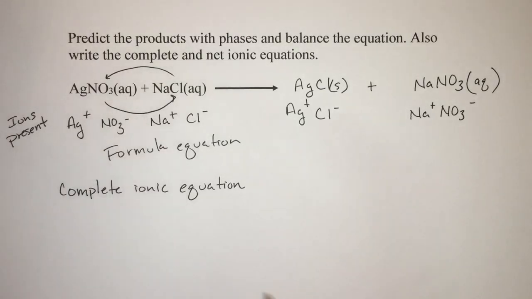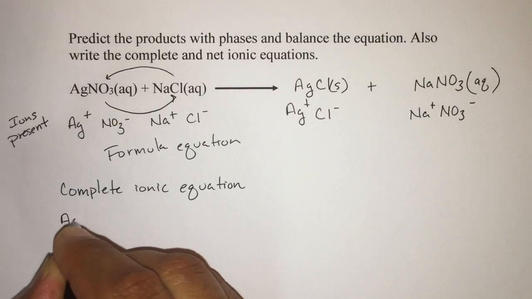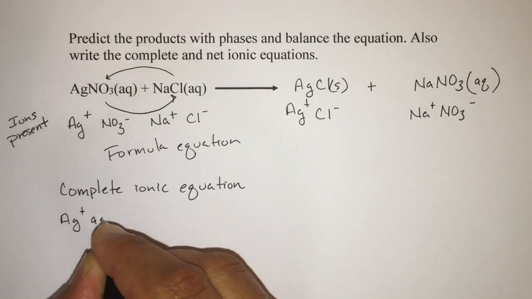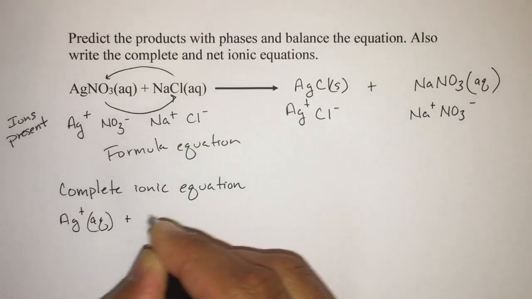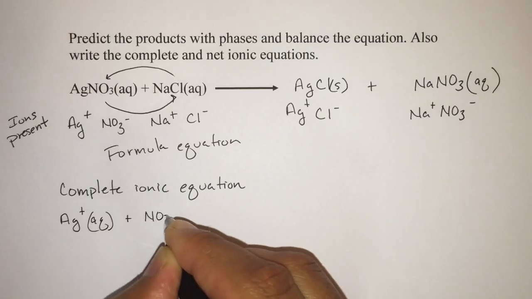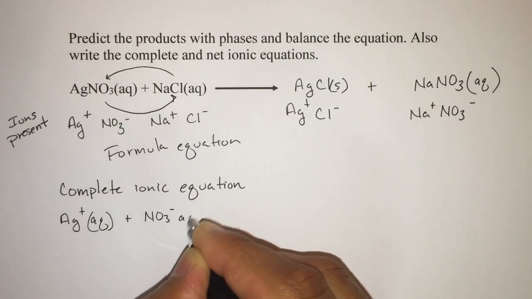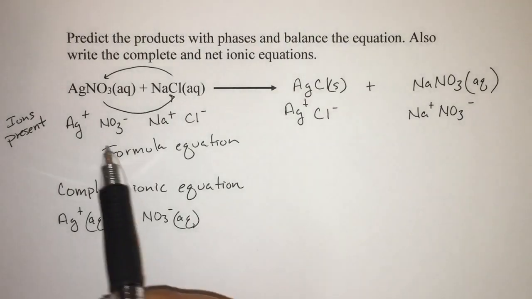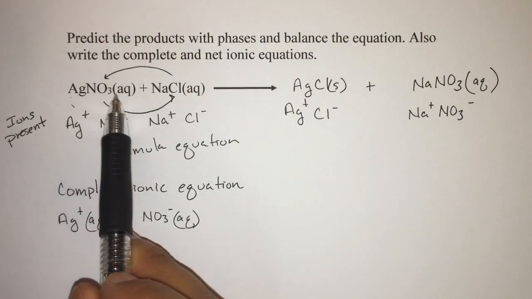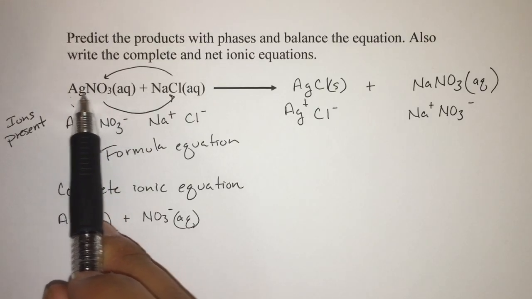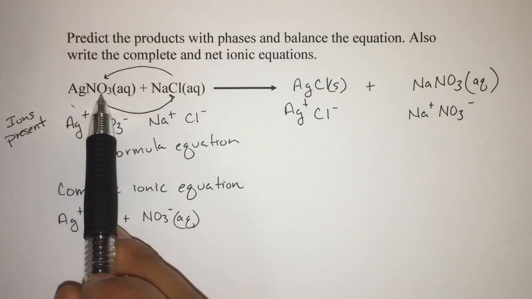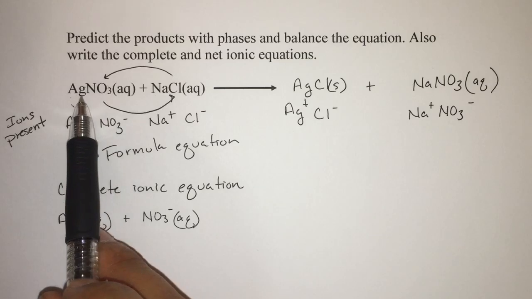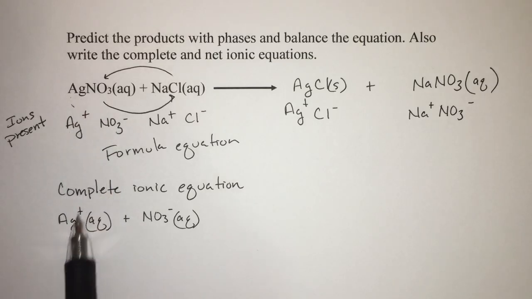Because it's aqueous, it actually exists as silver ions in solution and nitrate ions in solution. And notice that I wrote 1 silver because in the balanced equation there's 1 mole of silver nitrate. So when 1 mole of silver nitrate dissociates, there's 1 mole of silver and 1 mole of nitrate.